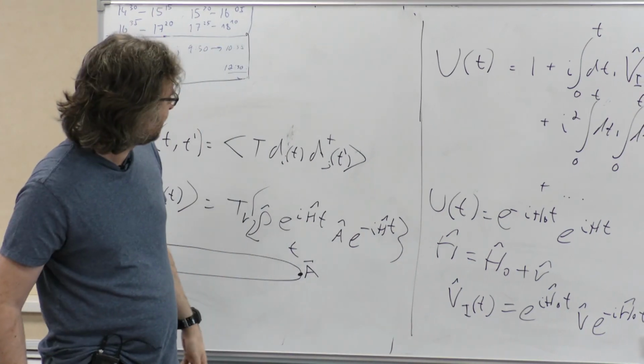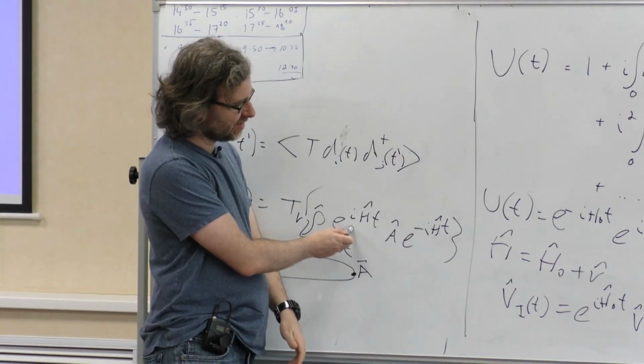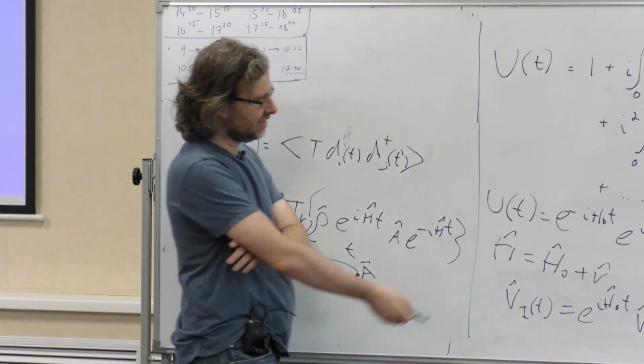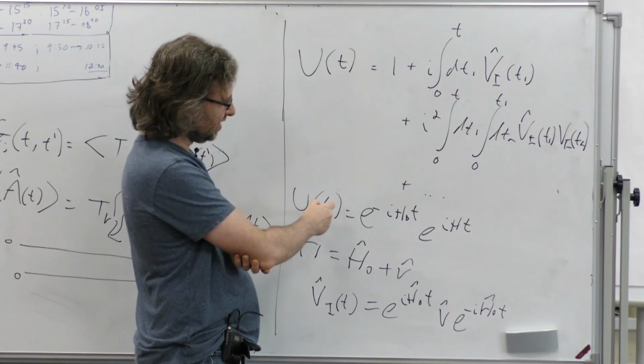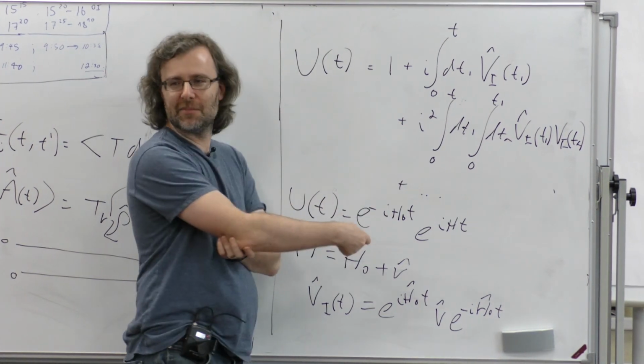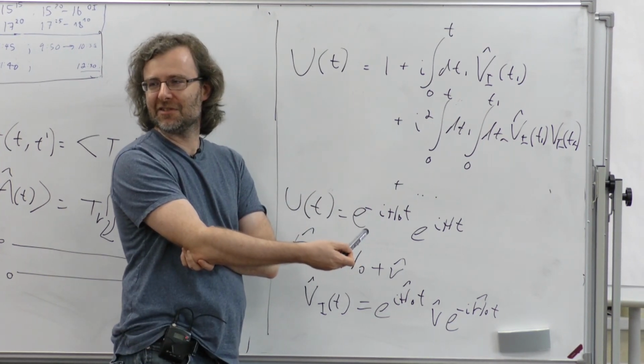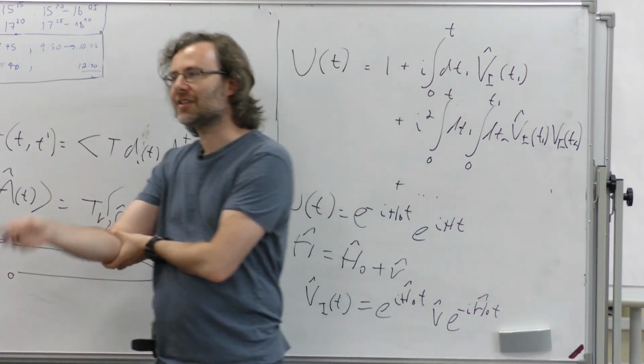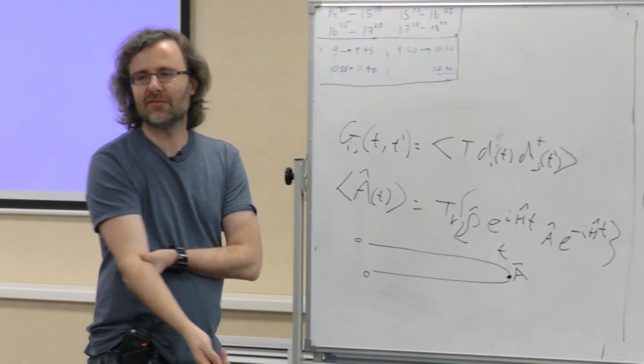And what it allows me to do is take this e^{iHt} and write it as e^{iH0t} times U(t), and then use this series to express everything as a set of diagrams.